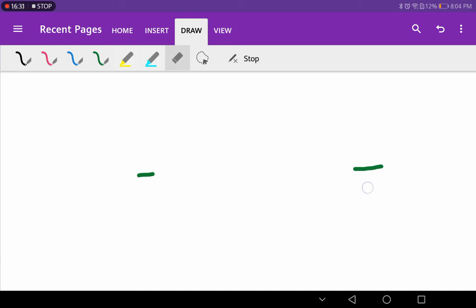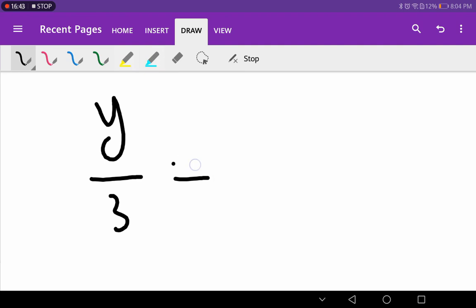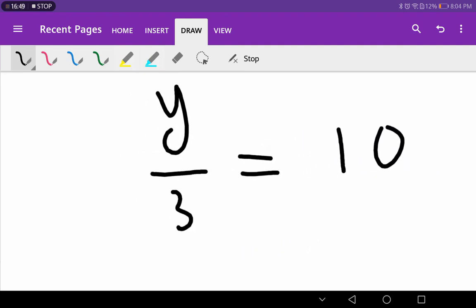What if I have an equation like this: y over 3 equals 10? How can we solve it? Actually, this is a special case.